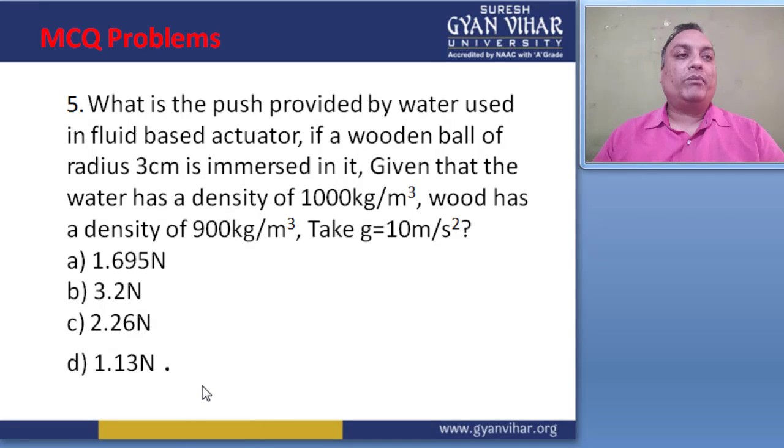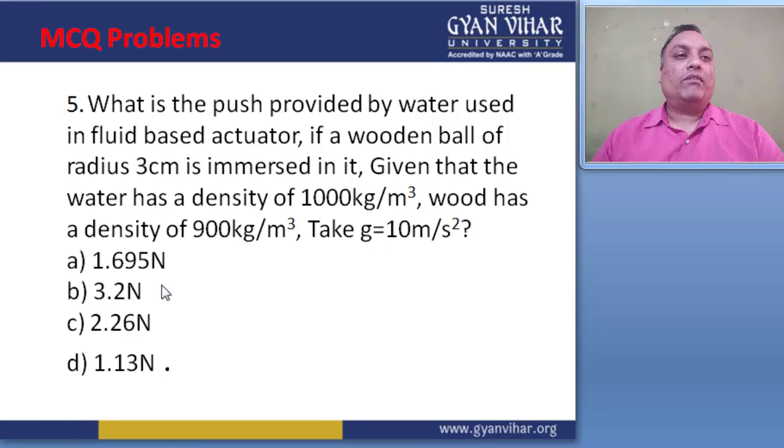And the next thing is here. This is a numerical problem. What is the push provided by the water used in a fluid based actuator, if a wooden ball of radius 3 cm is immersed in it, given that the water has a density of 1000 kg per meter cube and wood has a density of 900 kg per meter cube, take g equal to 10 meter per second square.